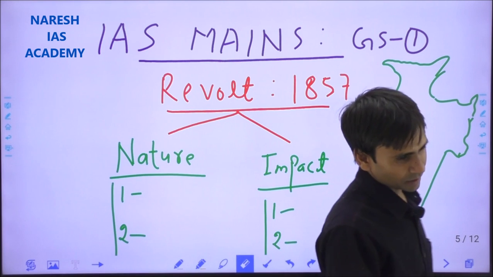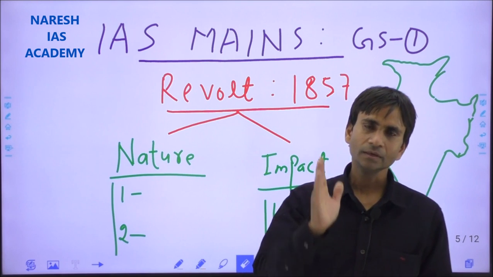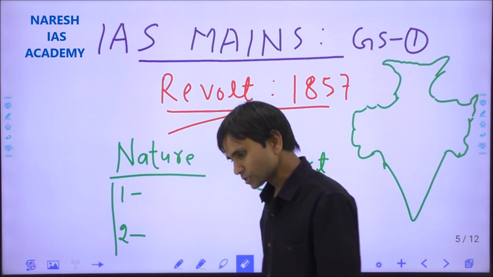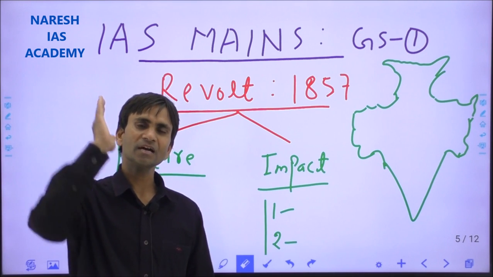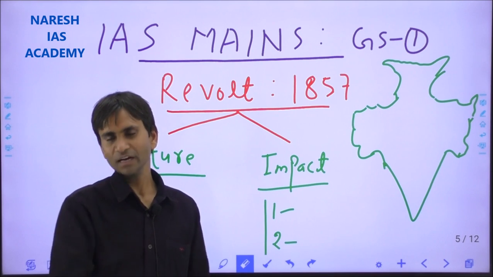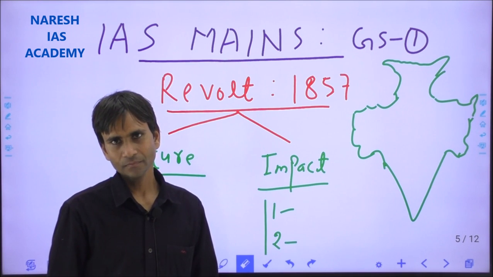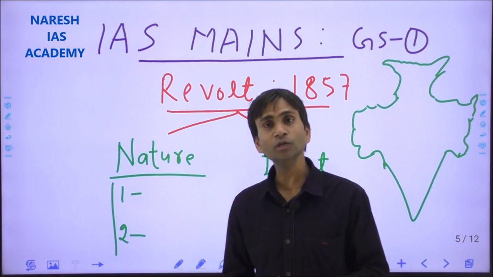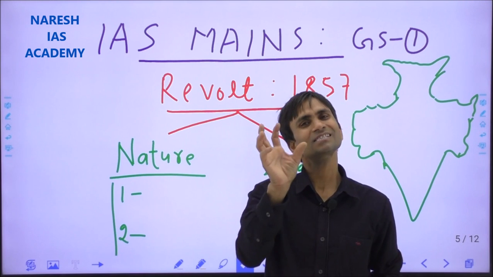The revolt of 1857 is definitely an important topic from the point of view of the British government and the Indian people, because it was an alarm for the British government to make some drastic changes in the Indian administration and its approach towards Indians. And for Indian people, it gave more courage and daring to collectively resist British hegemony.